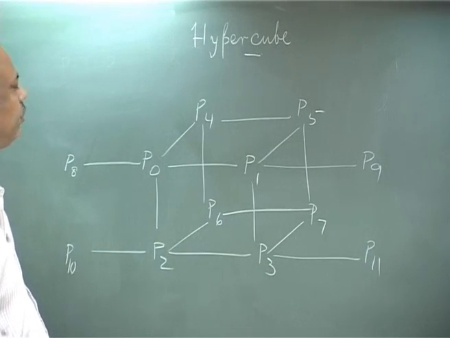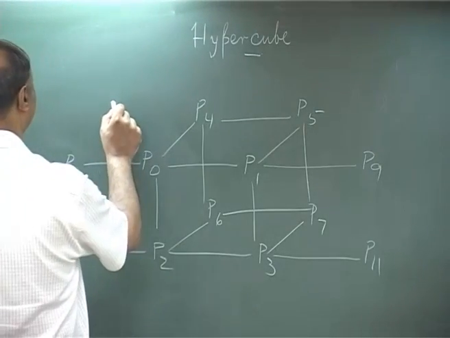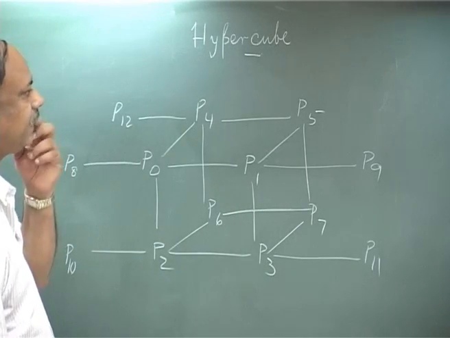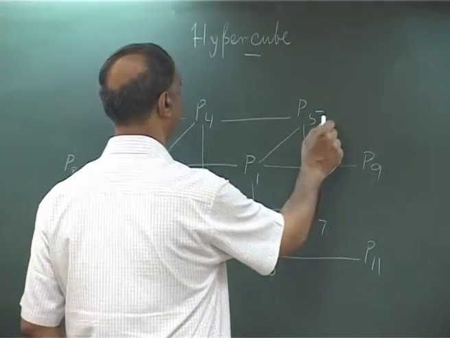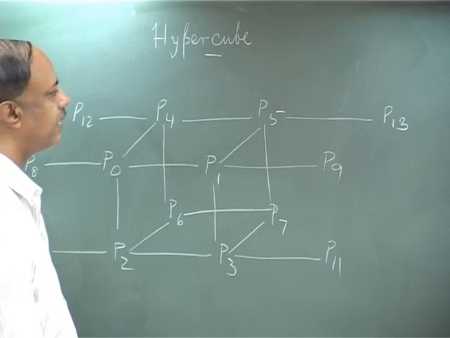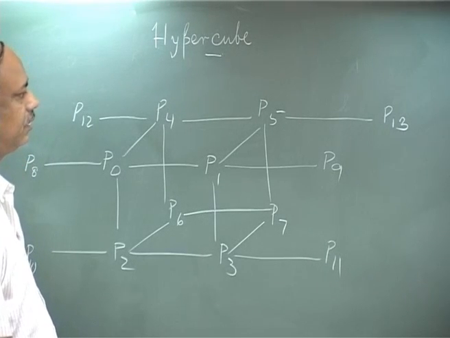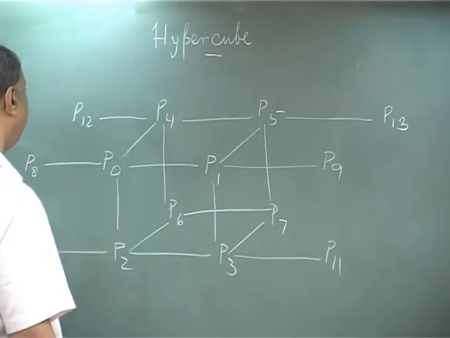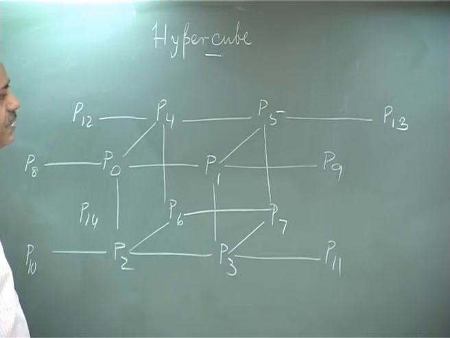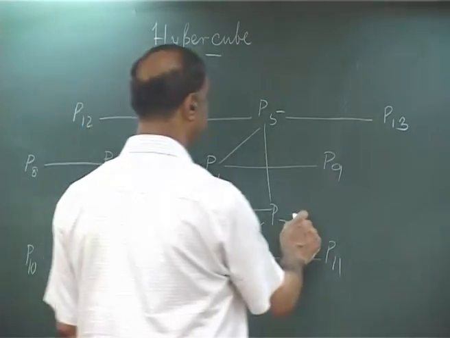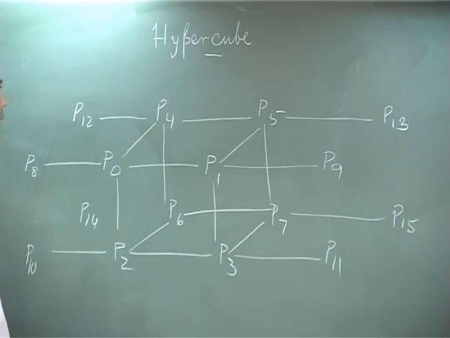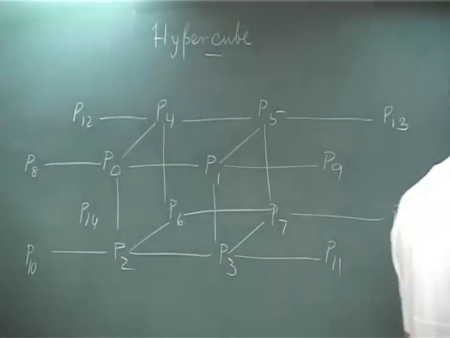P4 is connected with P12. P5 is connected with P13. P6 is connected with P14, and P7 is connected with P15. Okay. Now think about 8 onwards.